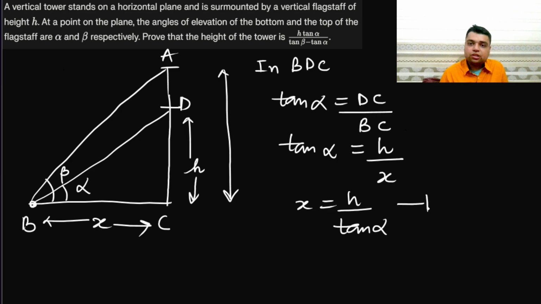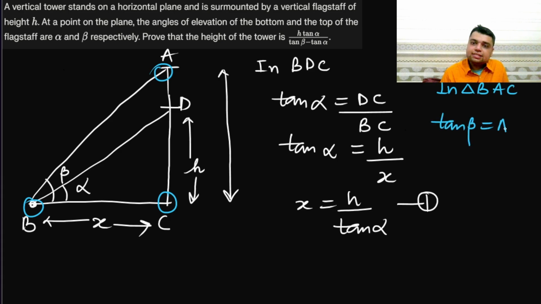This is equation 1. Now talking about the second triangle BAC. In triangle BAC, can I say tan beta is equals to AC upon BC?